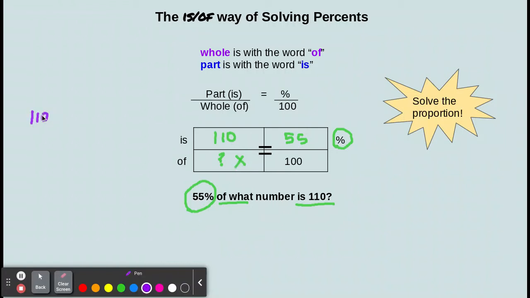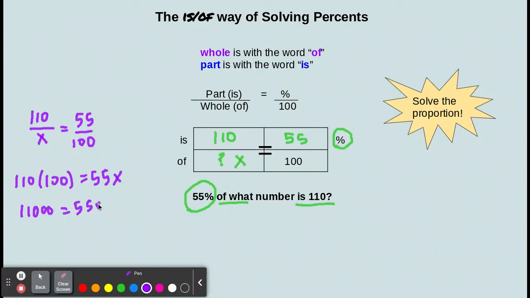We have 110 over x equals 55 over 100. If we do our cross product, we get 110 times 100 equals 55x. Then we get 11,000 equals 55x. Divide both sides by 55 since we're multiplying by 55 over here.